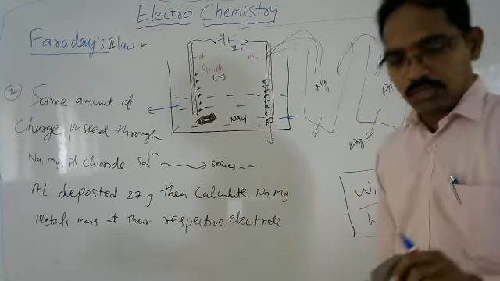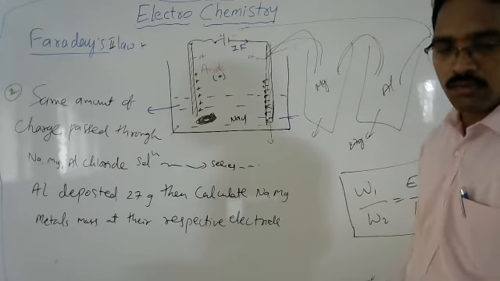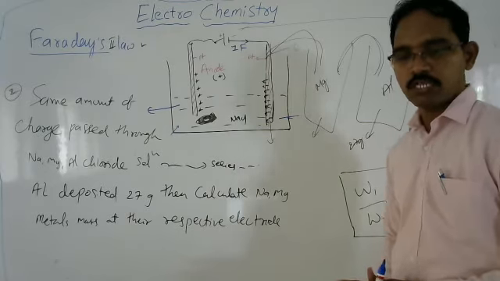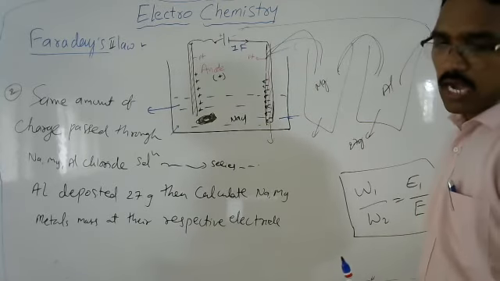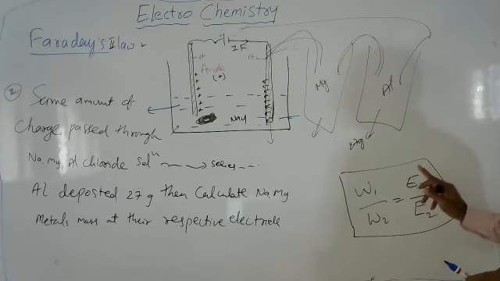Now you tell me, did you understand the question or not? What is the question asking? At least you understood the question, right? After that, substitute and use this formula.